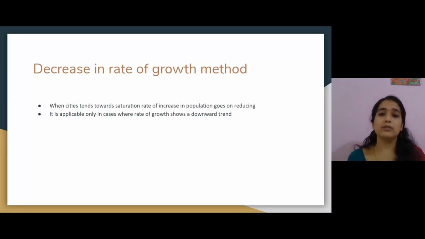How are we going to calculate the population by using the decrease in rate of growth method? First three columns: year, population, and then the increase in population. Increase in population we calculate the same as in the last three methods.